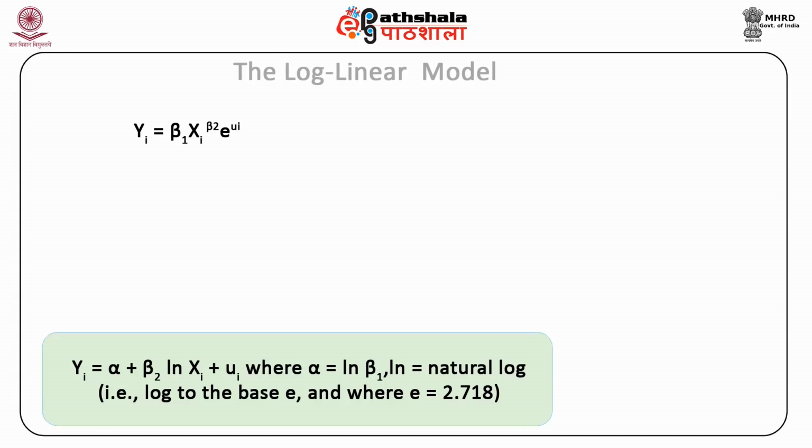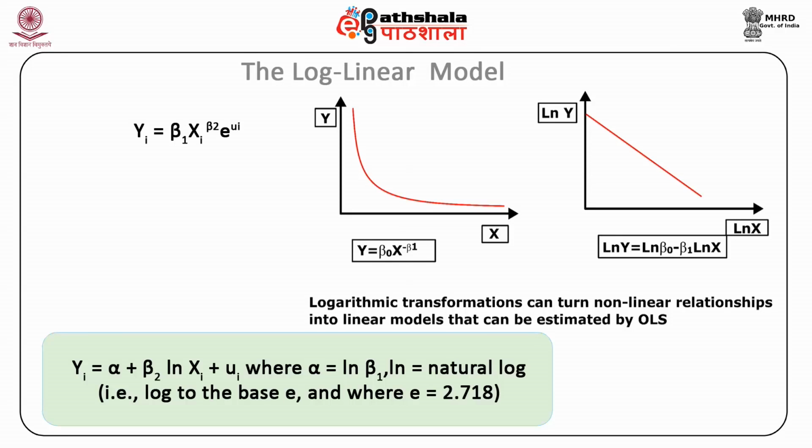Ln is nothing but natural log, which is log to the base e, and e is equal to 2.718. We can write this model as linear in the parameters alpha and beta 2, linear in the logarithms of the variables y and x, and can be estimated by OLS regression. Because of this linearity, these models are called log-log, double-log, or log-linear models.